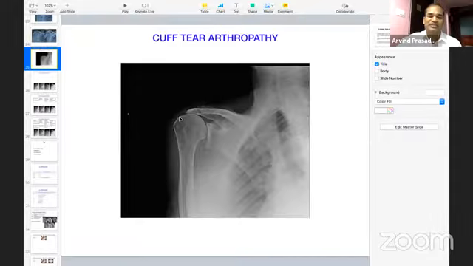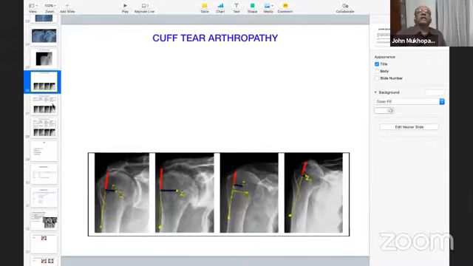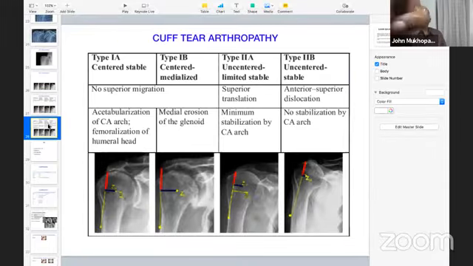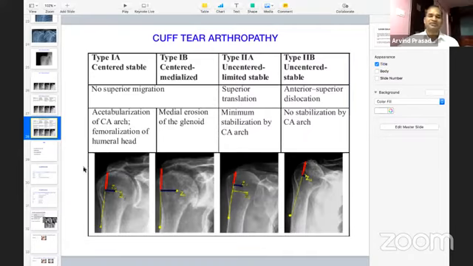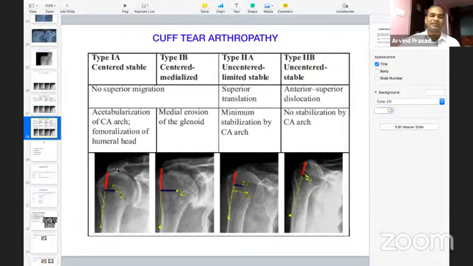So this is the acetabularization. That whole thing looks like an acetabulum covering the head, for stabilization. Yes, sir. So the humeral head is like the femur, and the complete coracoacromial arch looks like a socket.